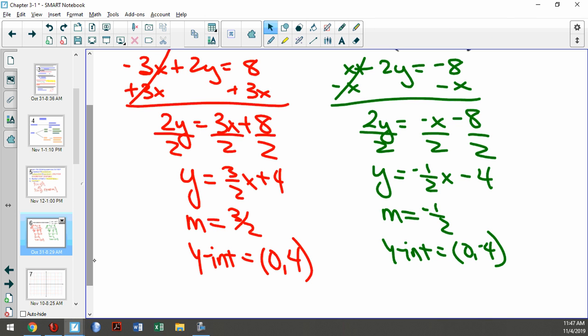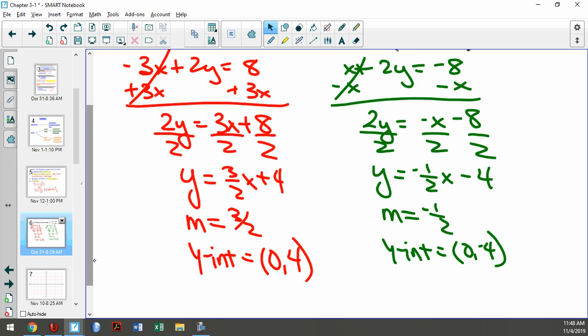Okay, now before I move on to graph these two things, I'm going to ask myself this question. Are my slopes the same or different? So what does different mean? Means they're consistent, they're independent, and independent means 1 POI.